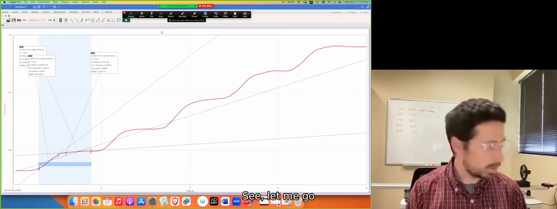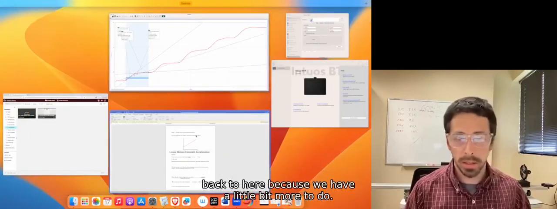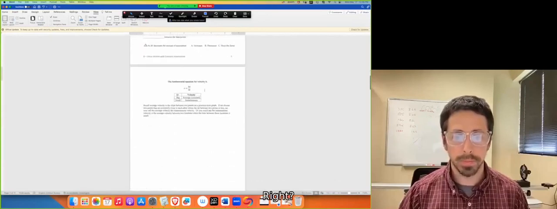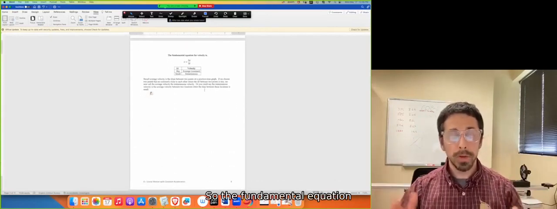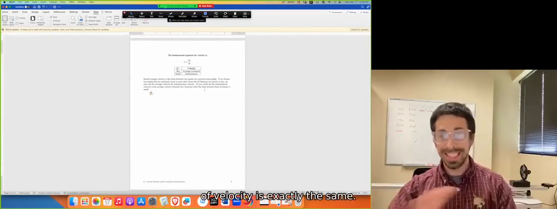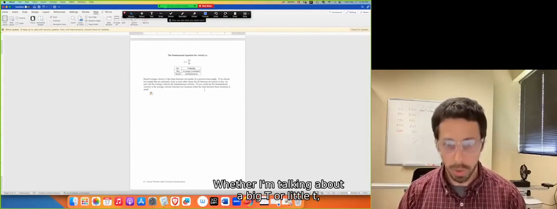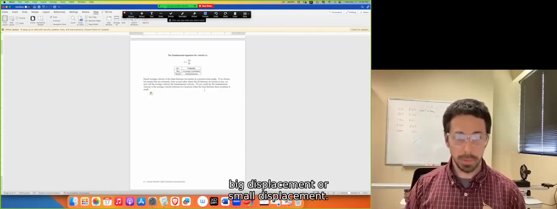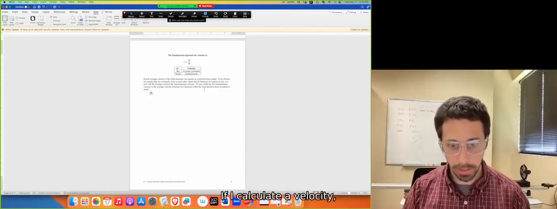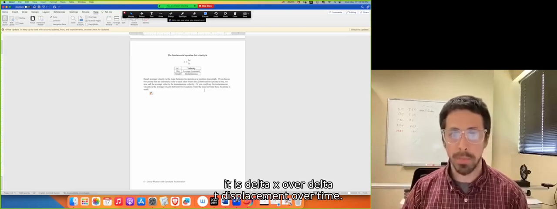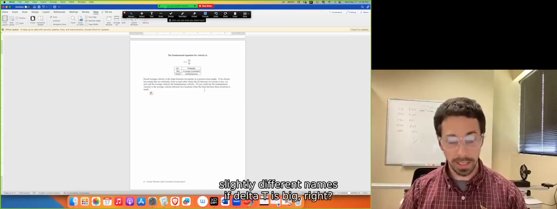Let me go back to here because we have a little bit more to do. The fundamental equation of velocity is exactly the same, whether I'm talking about a big T or a little t, a big displacement or a small displacement. If I calculate a velocity, it is delta x over delta t, displacement over time. Only we give this kind of slightly different names.